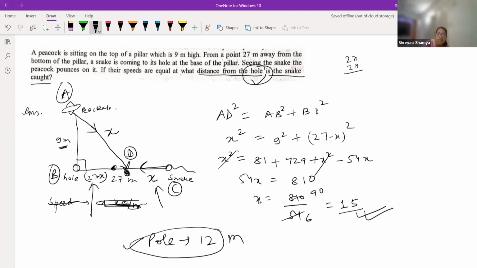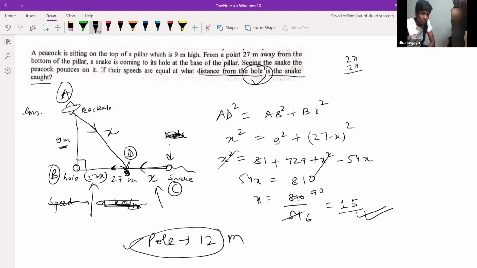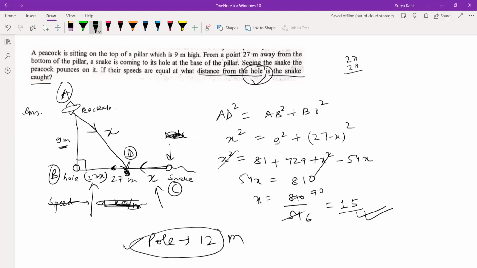I didn't understand why you wrote pole will be 12 and hole will be 15 meters. Okay, see, here is the hole, the snake is there at the hole. Where is the hole? So what is the answer, Dhananjay? Sir, the answer is 12.